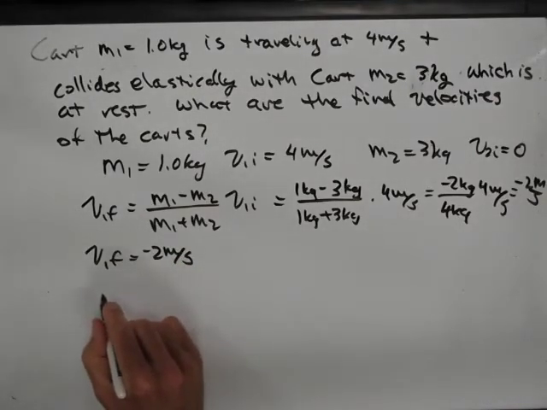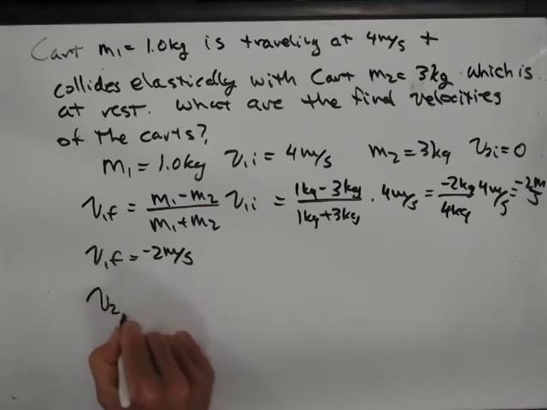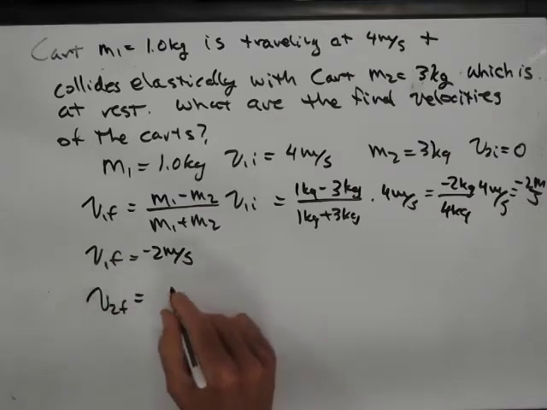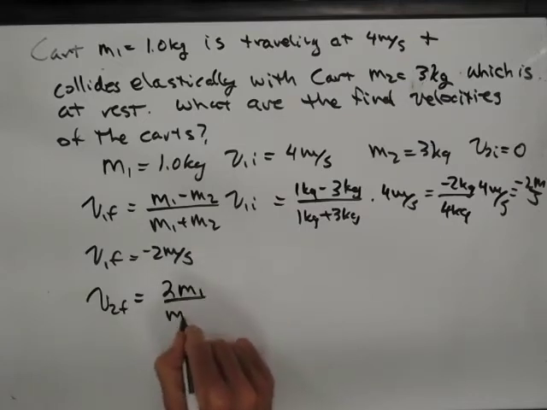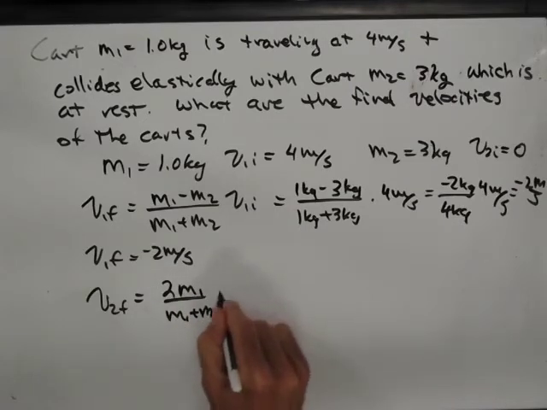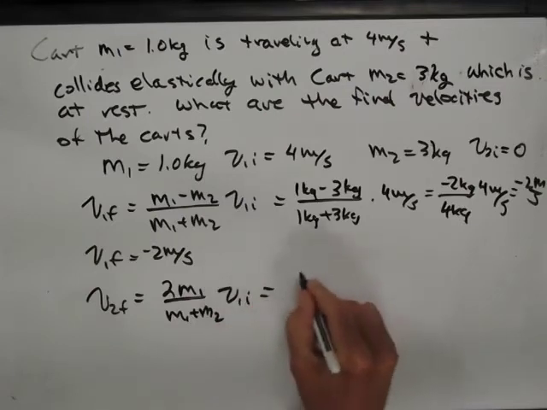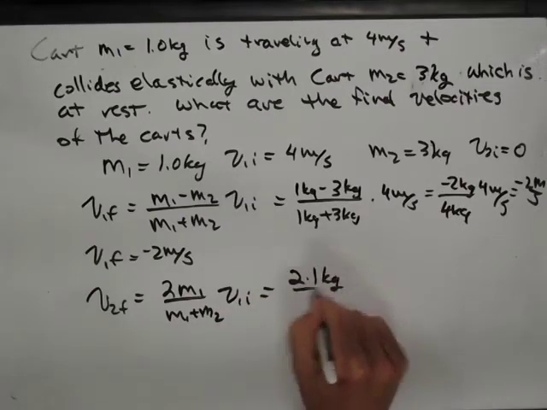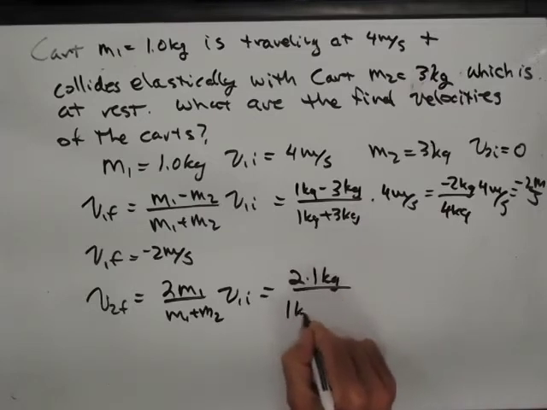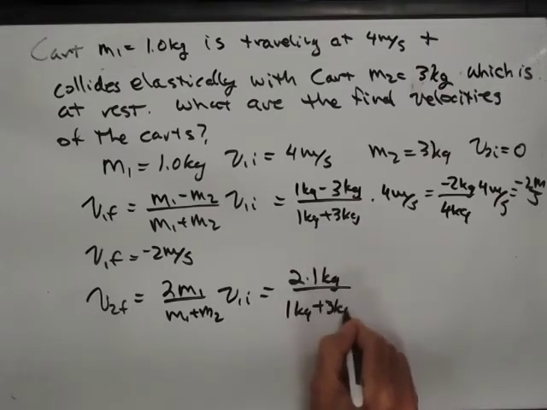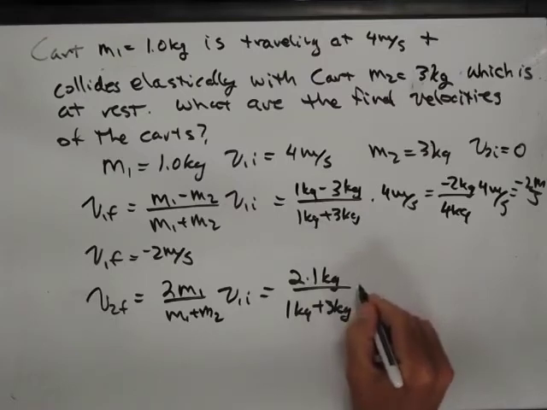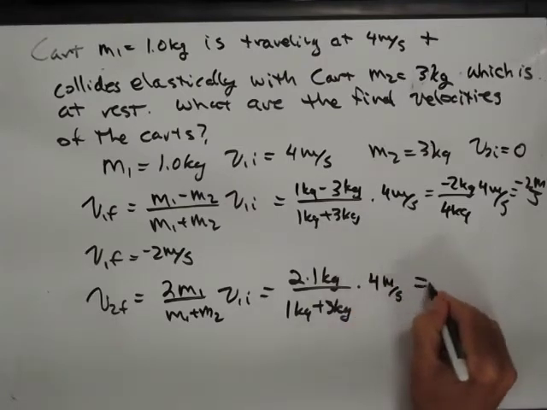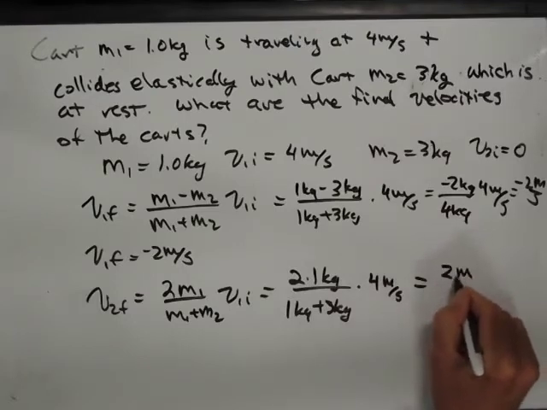Similarly, we can say V2 final is equal to 2M1 over M1 plus M2, times V1 initial, which is equal to 2 times 1 kilogram over 1 kilogram plus 3 kilograms, times 4 meters per second, which is equal to 2 meters per second.